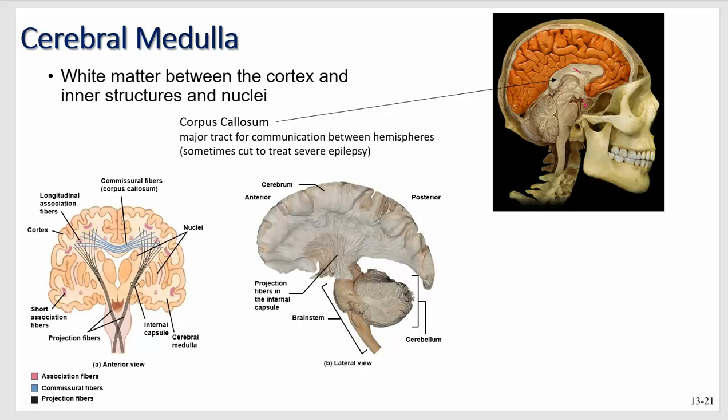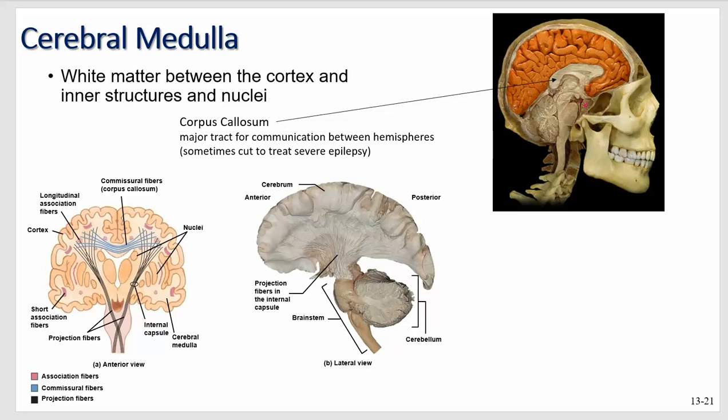Maybe you've heard about people with severe forms of epilepsy who have that cut, that corpus callosum cut. When they first did that, there weren't obvious signs of changes. But if something is coming in from your right field of view and it goes into the left side of your brain, then without the corpus callosum to share that information across the tract, the left side won't be able to share it with the right side.